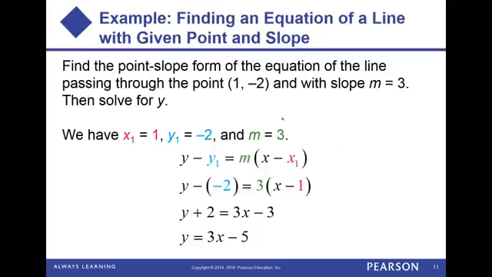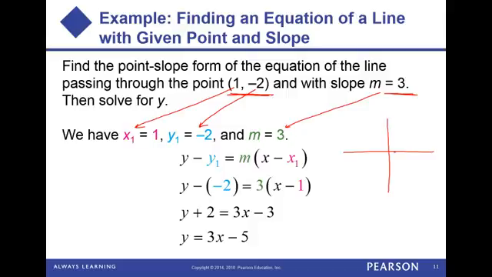Alright, so find the point-slope form of the equation of a line that passes through (1, -2) and has a slope of 3. It's just a straight plug-in of terms here. You have to figure out what's your x1, what's your y1, and your slope, and you plug it directly into the formula. This is kind of cool though, because I know the line passes through this point, and I somehow have figured out that it has a slope of 3.